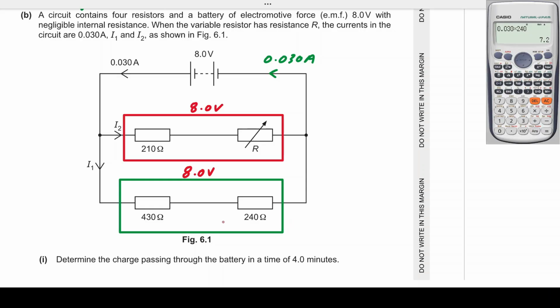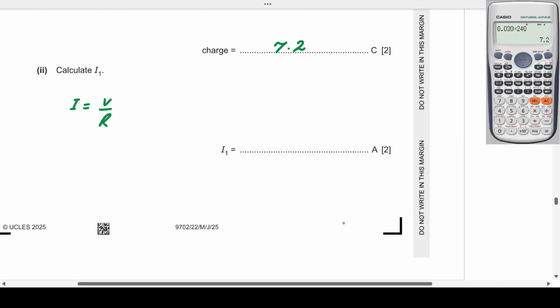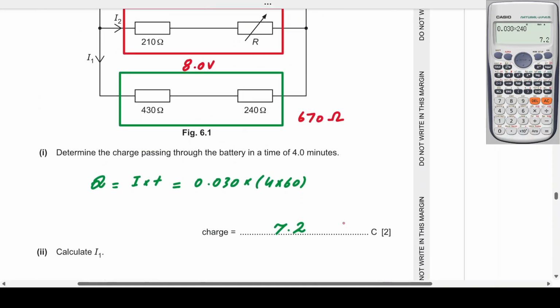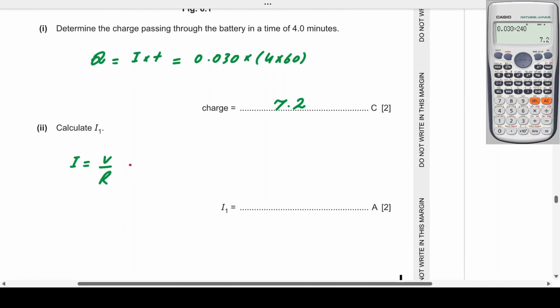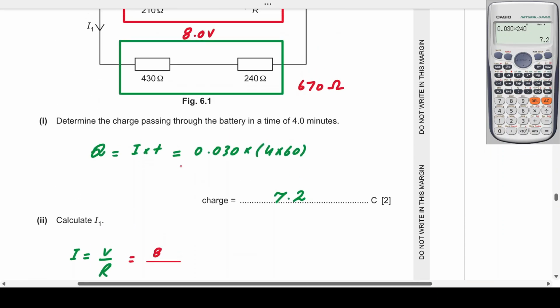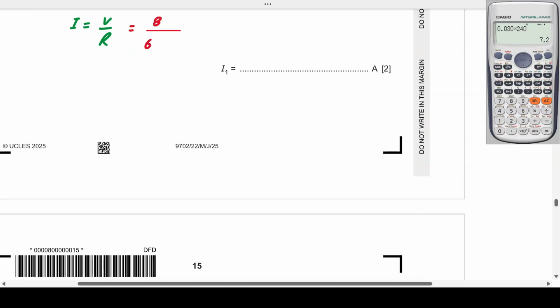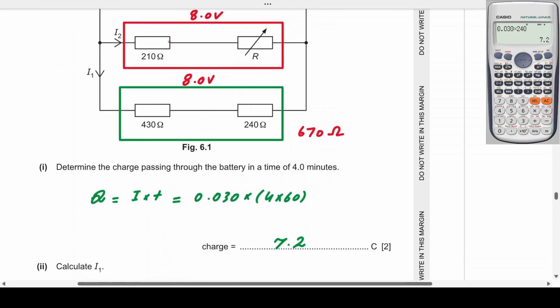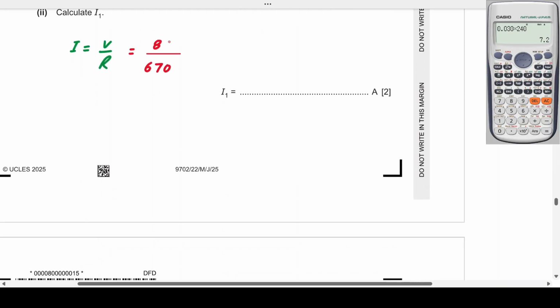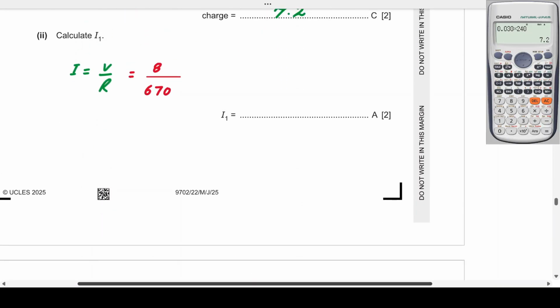And then what is the combined resistance of these two resistors? Since these two are connected in series, we can simply add them. 4, 5, 6, 3 and 4, 7, 6, 7, 0. So the voltage is 8 divided by 670. 8 divided by the answer.